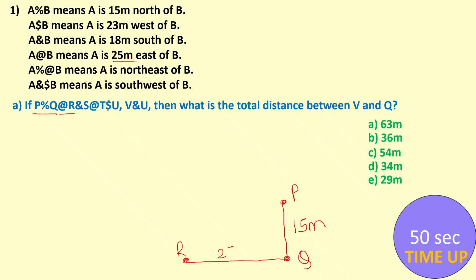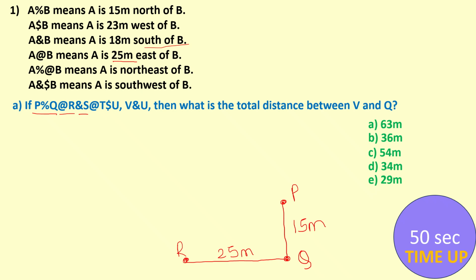So 25 meters. Next, R and S. R and S means R is south of S. So if R is south of S, then S should be placed where? And by 18 meters, correct?